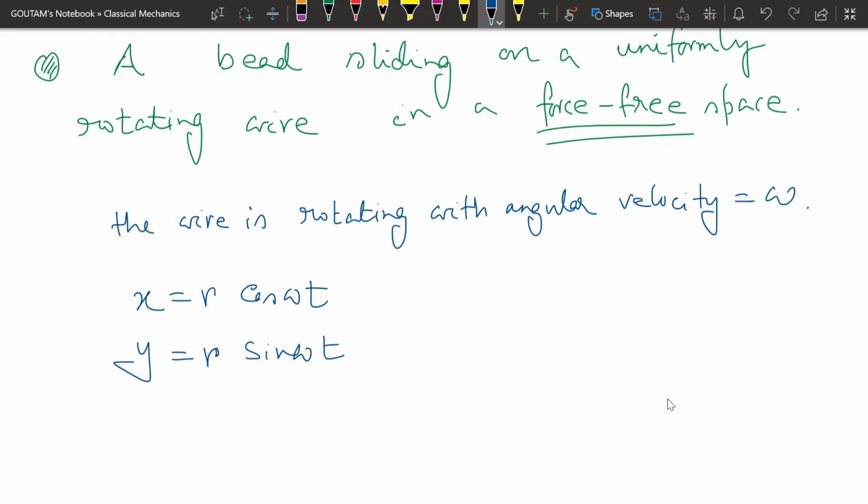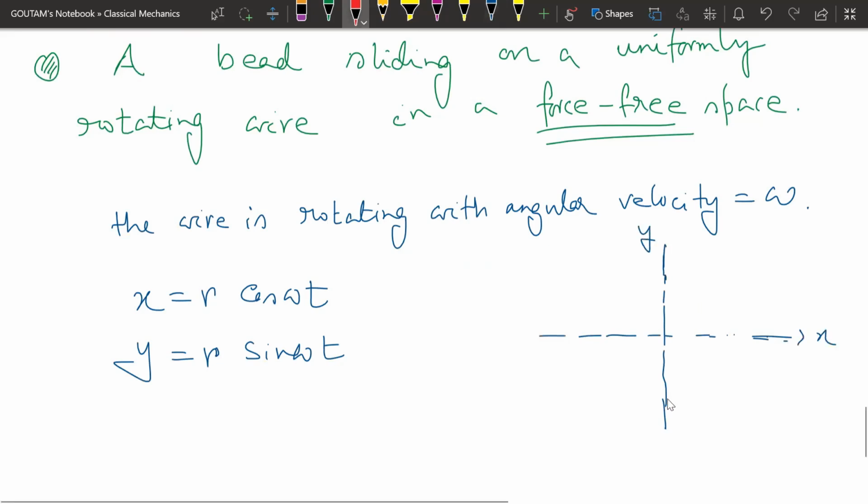Omega t basically represents theta. So you can check, let's say the wire is rotating. This is the x, y coordinate, and the wire is this. Actually, this is the wire.